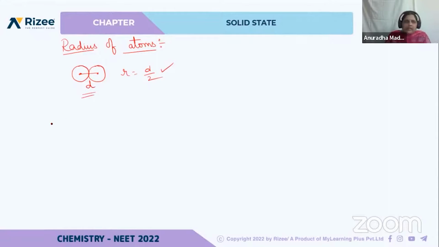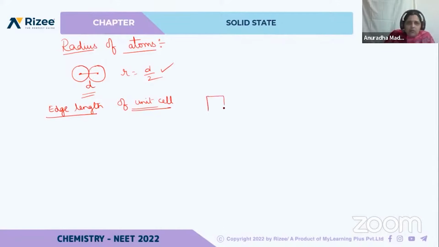One more important term is there here: edge length of the unit cell. Remember, we'll always consider a cubic unit cell only. Even if I don't mention that word, the cubic cell is the main one.